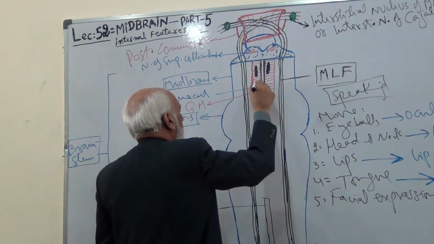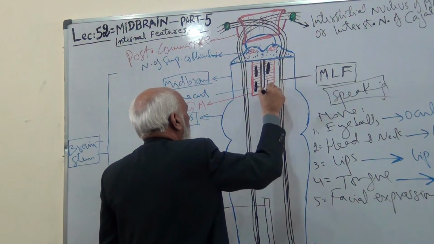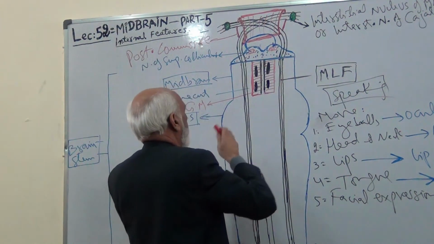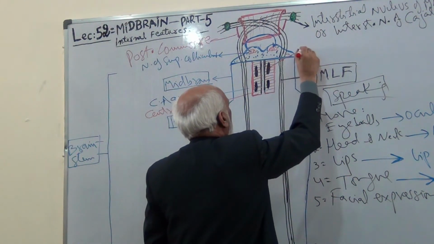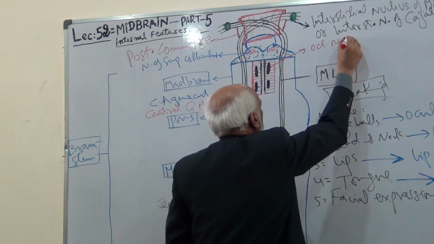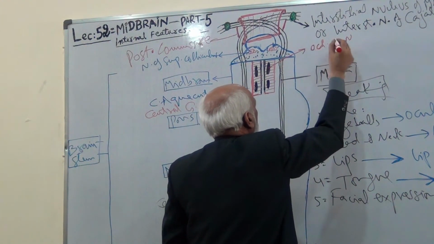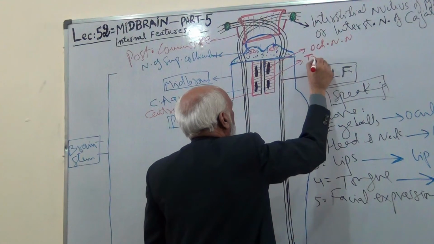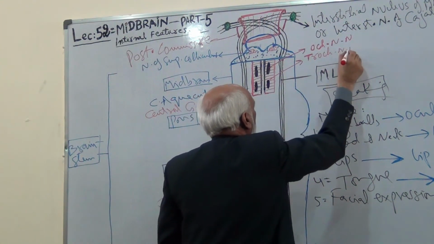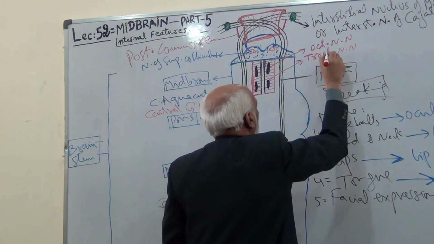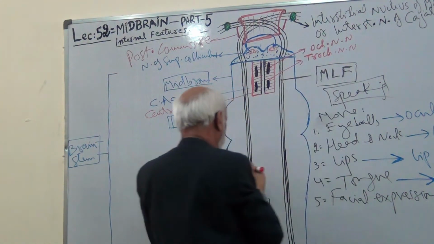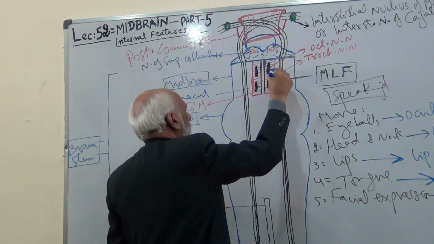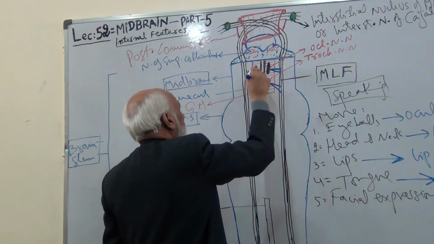And below, in the lower half of the midbrain, in the central gray matter, is the trochlear nerve nucleus. Their emerging fibers join the medial longitudinal fasciculus on each side.